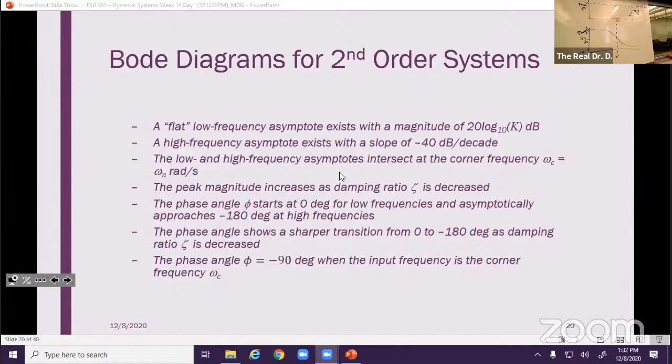If you have an imaginary portion in the numerator, you've got tan of something over something, and it starts playing with your Bode phase more than your magnitude. Just be aware that if you see an S term in the numerator, it could make your phase look weird.